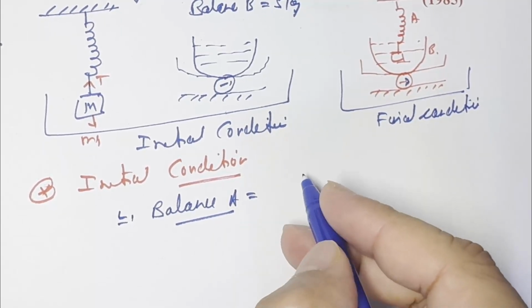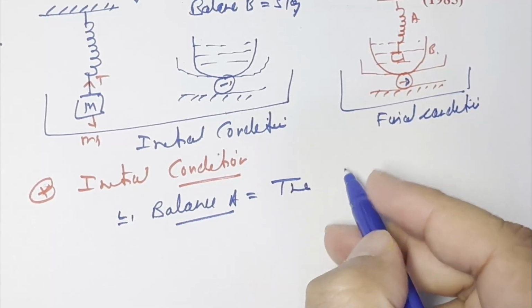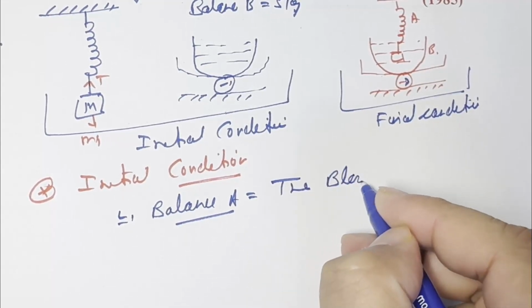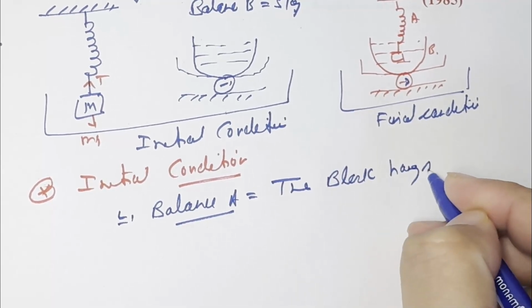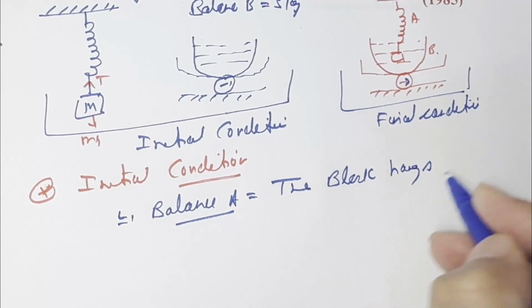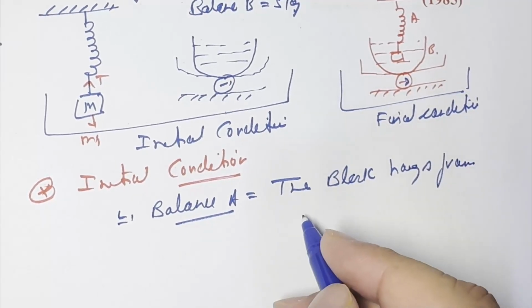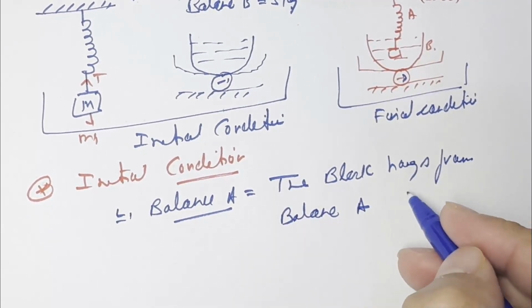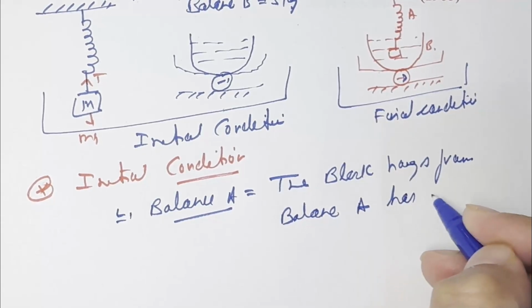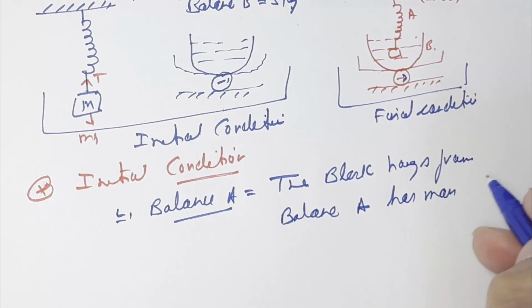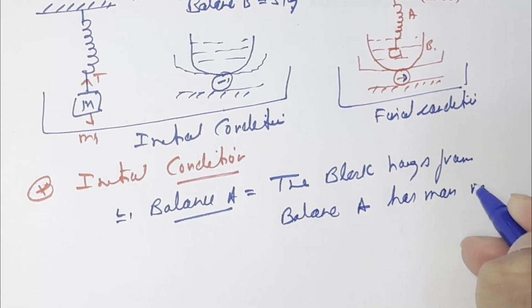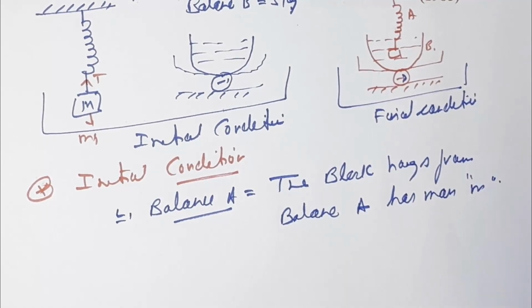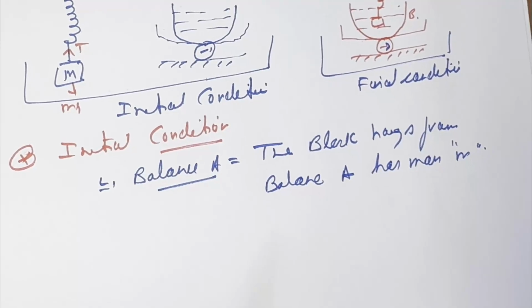So we can say the block hangs from balance A and has a mass, and let us suppose that is given as M, and it is given that this spring balance reads 2 kg.